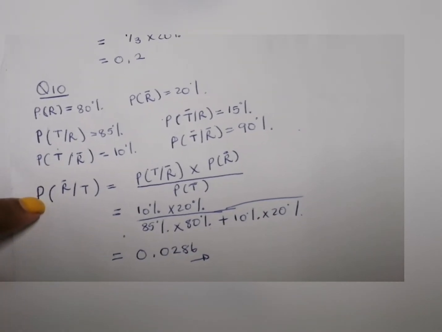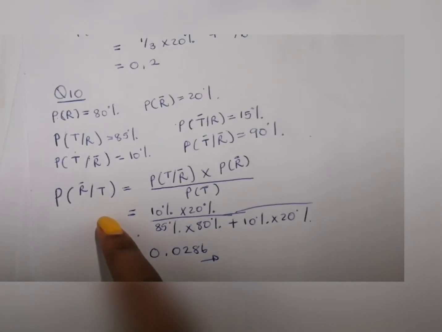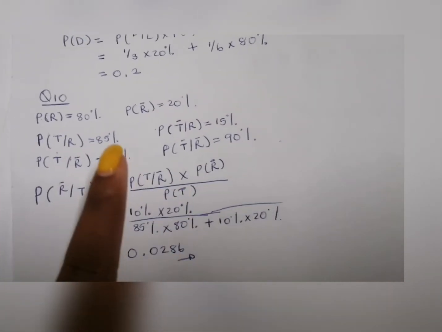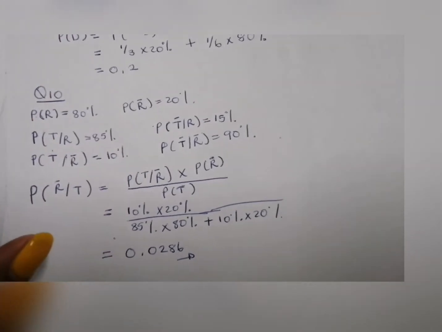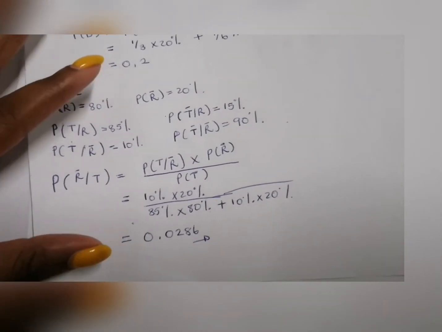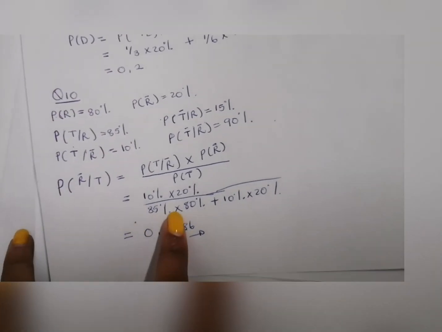The probability that it will not be recovered given that it has a tracker equals this. We are using Bayes' theorem, and this is what we get when we solve the question.